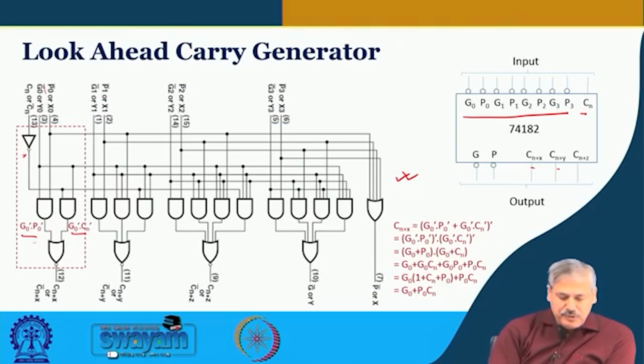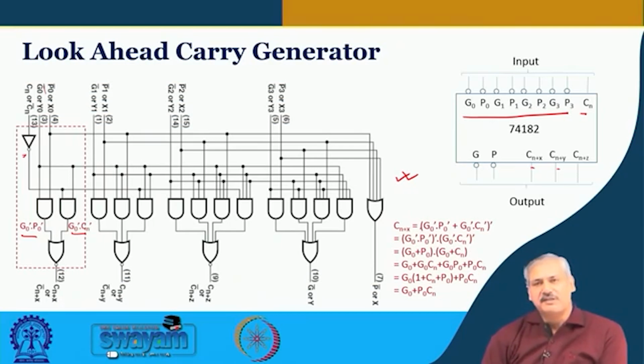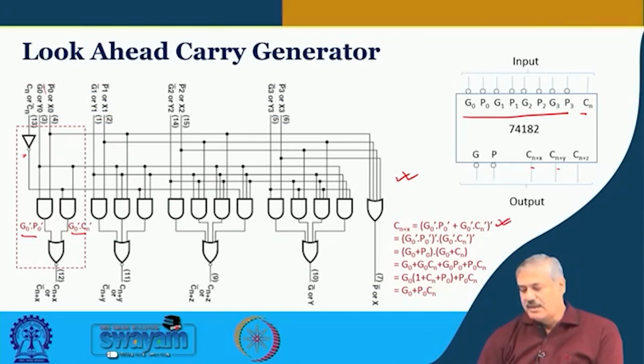So the inputs to this NOR gate are G0 bar P0 bar and G0 bar Cn bar. So, this is the input to the NOR gate which is generating Cn+x. The first level carry is this one.